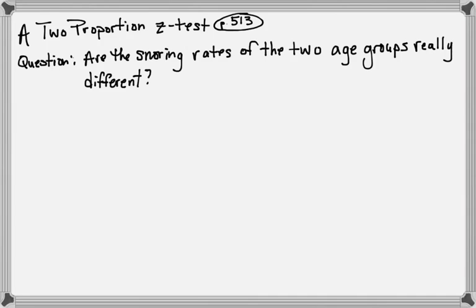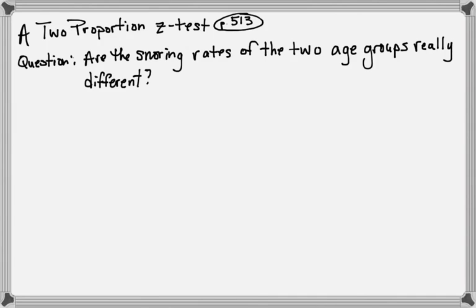And so we're going to explore through that. I've written the question down. Are snoring rates of the two age groups really different? You've got the younger group compared to the older group, and the question is, as you get older, am I supposed to snore more?